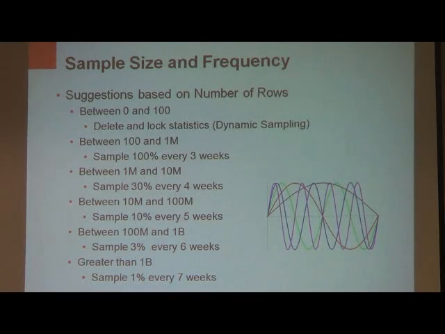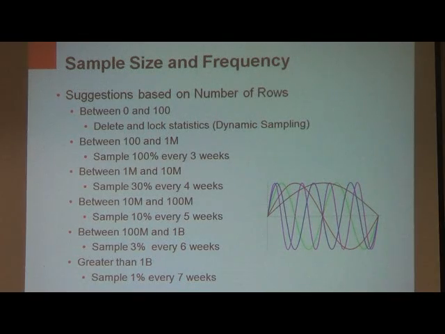So the technique that we use on SIBO is that for small tables, we delete the statistics and we lock them, and we define small tables as anything that is less than 100 rows. It has some overhead, yes, but it's perfectly fine because when we do the dynamic sampling, we consider 100% of the rows.